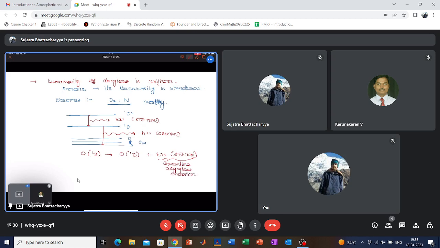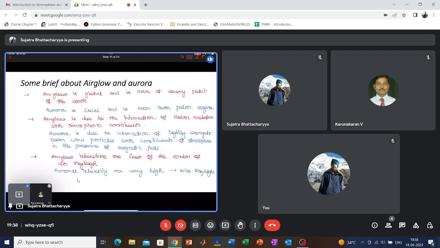Okay, and another is the O 1d to O 3p plus h nu, which is about 630 nanometer, and this is nothing but the red color. So this is how this red color and green colors comes.